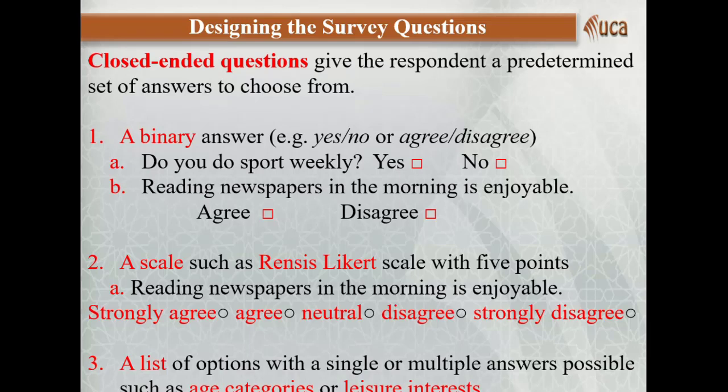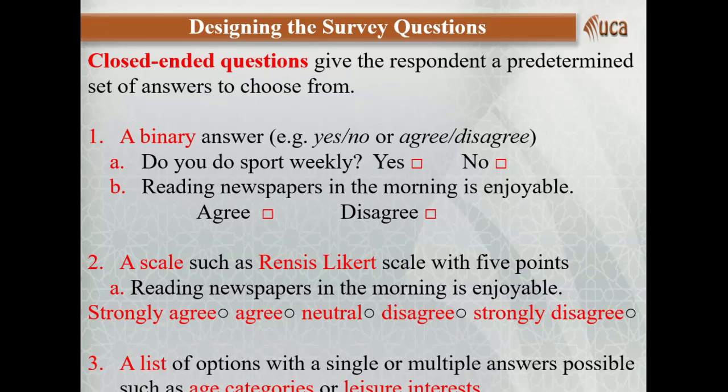For example, do you do sport weekly? So either yes or no. Or agree or disagree, such as reading newspapers in the morning is enjoyable. So the respondent may tick either agree or disagree.